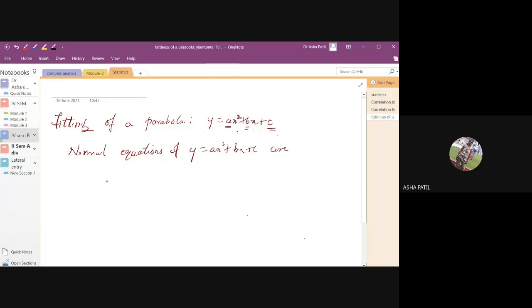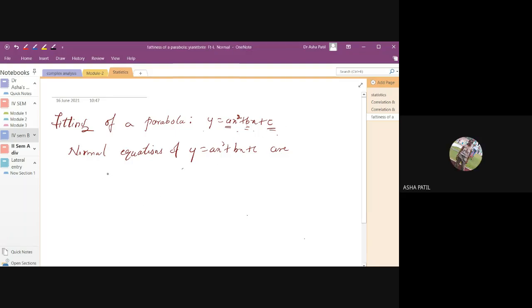How to write the first normal equation? Similarly as we did yesterday for a straight line, it will be done in the same way. Take summation over this equation.